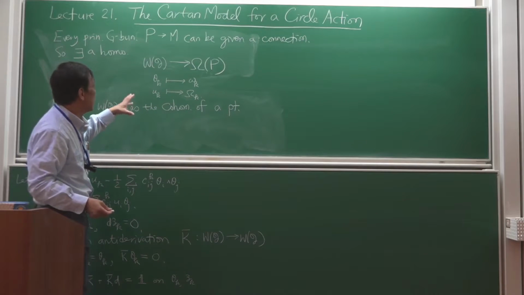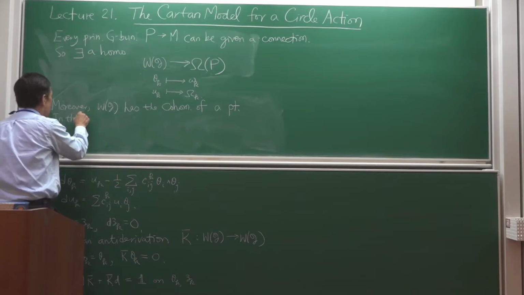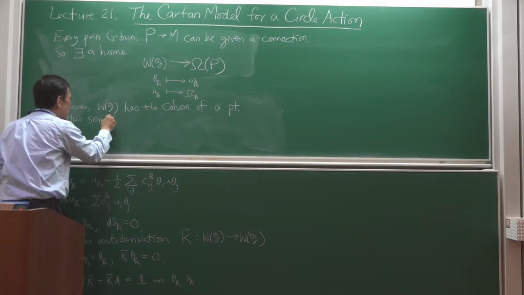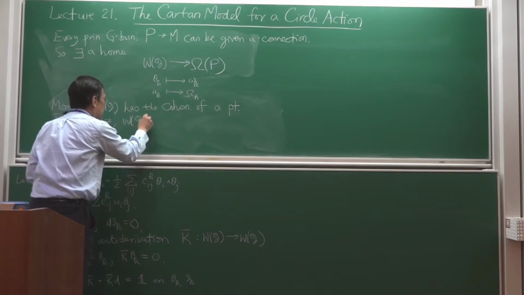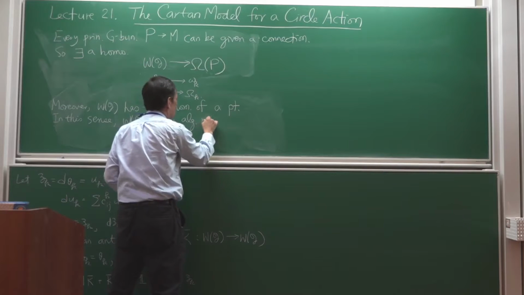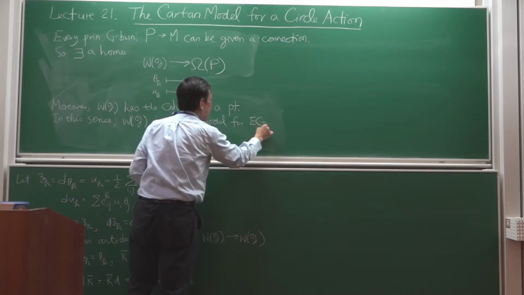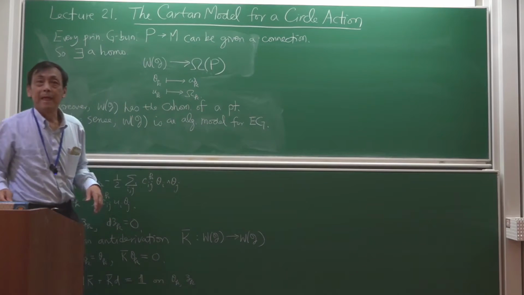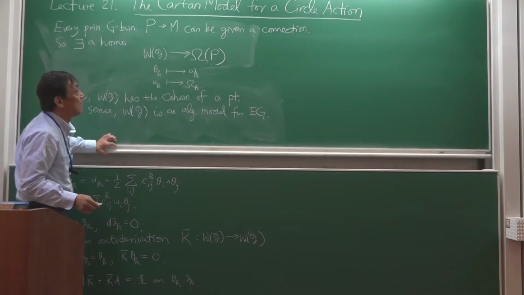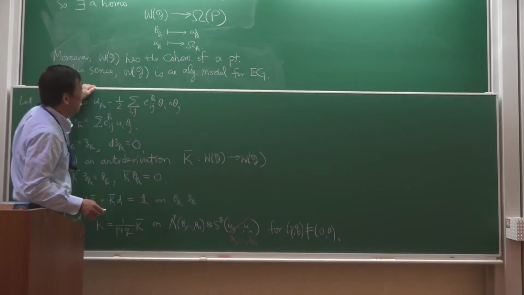So it's in this sense the Lie algebra is an algebraic model for EG. Okay.